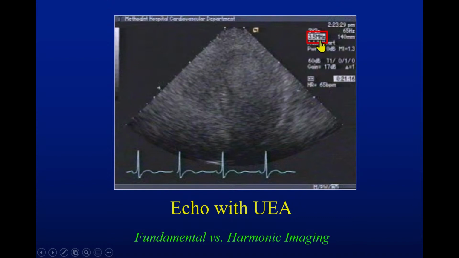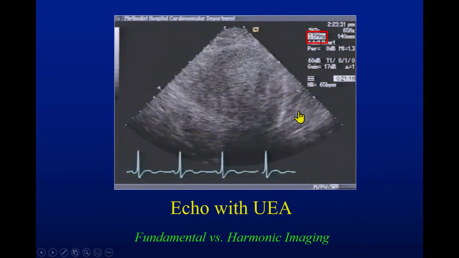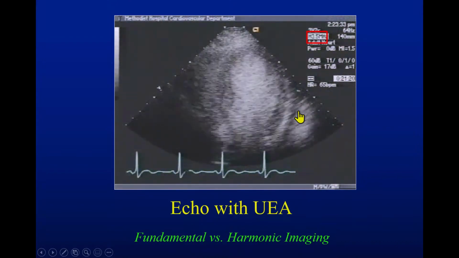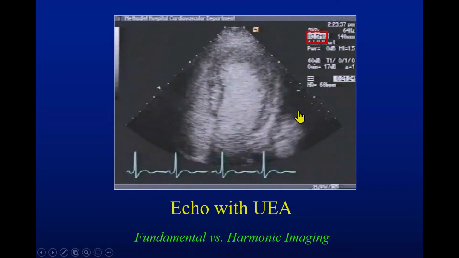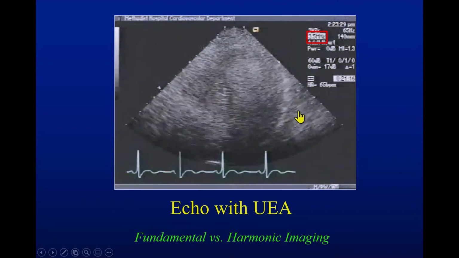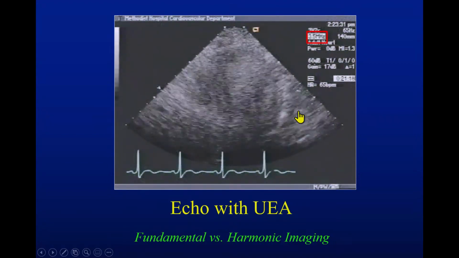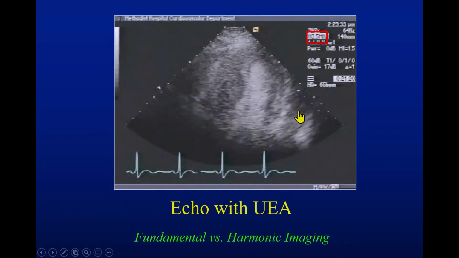Just with this switch of a button, you will see the change of the image quality, meaning when we go on harmonic, we enhance so much the contrast per se compared to the myocardium. So off, on harmonic. Look at that difference. So basically the same settings otherwise, except harmonic off and harmonic on.